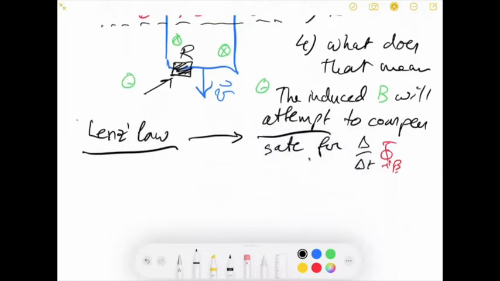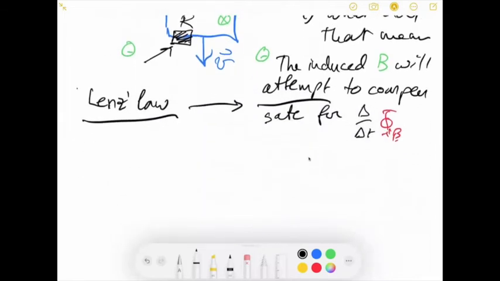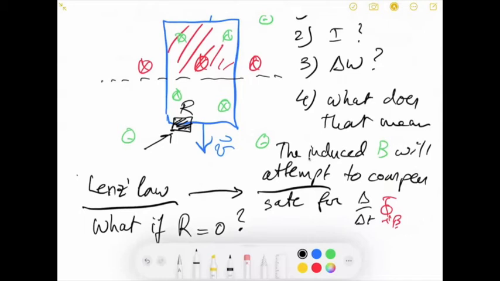Now, what if R is 0? Well, if R is 0, there's still going to be an induced magnetic field. And in fact, all of the energy that was before dumped in the resistor is now going to go in the creation of that green magnetic field.